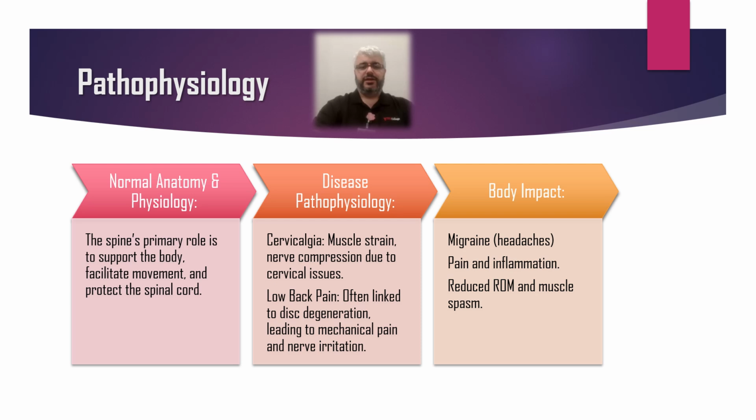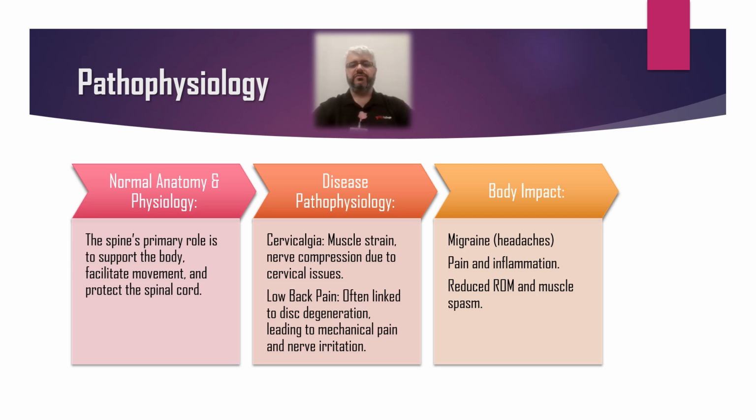Now let's look at the pathophysiology. In a healthy state, the spine supports body movement and protects the spinal cord. With cervicalgia, strain or compression in the cervical spine can cause pain and limit range of motion.